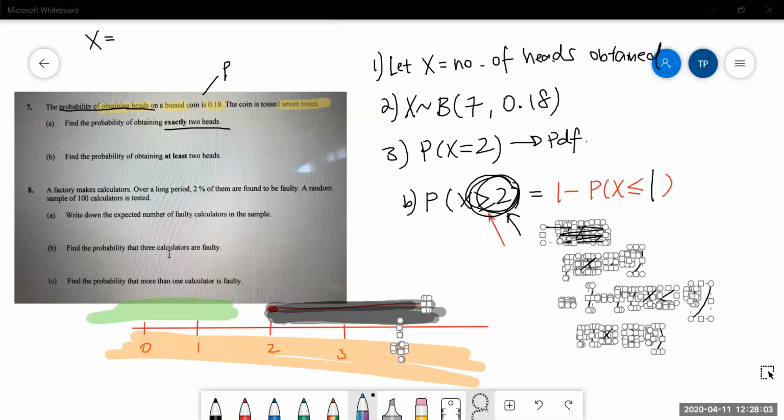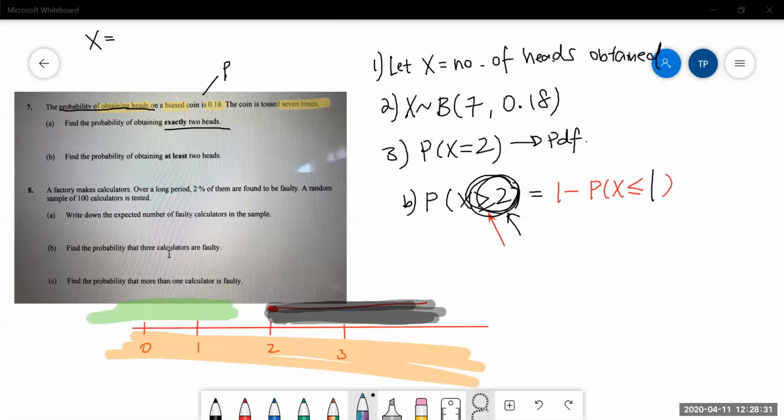So does that mean if we just use the CDF for part B, you put the binomial CDF is 7, then 0.18, then 2 and 7? Yes. Like that you don't even need to know this. Okay. Well, this is so much easier.